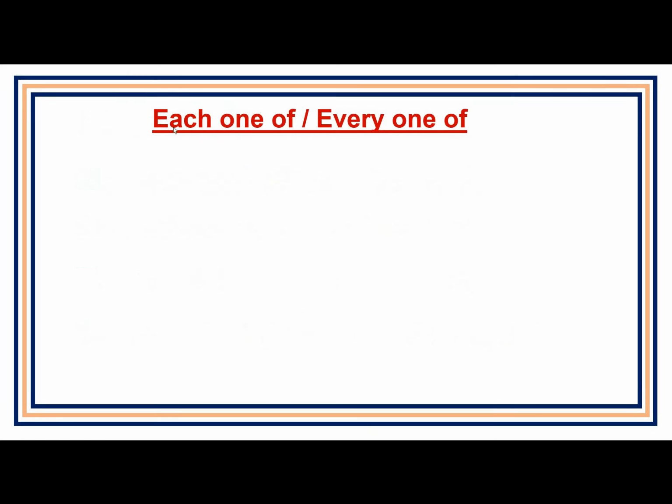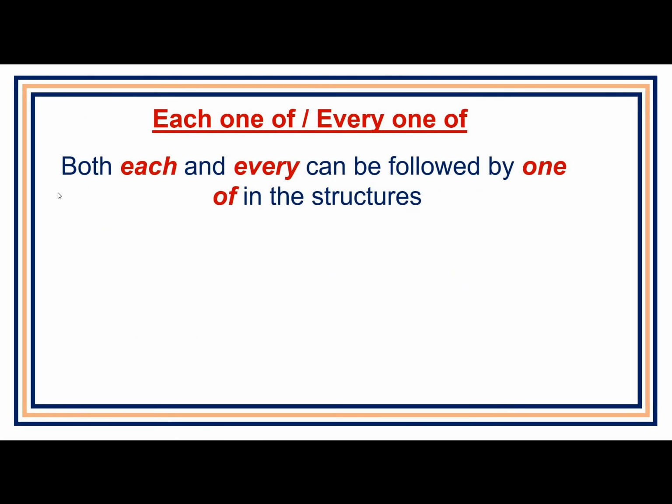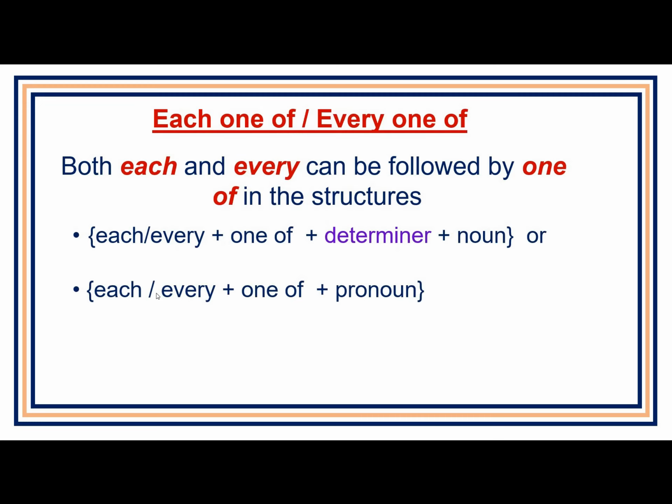Let's move on to the use of each one of or every one of. Both each and every can be followed by one of in the structures: each or every plus one of plus determiner plus noun, or each or every followed by one of plus pronoun.